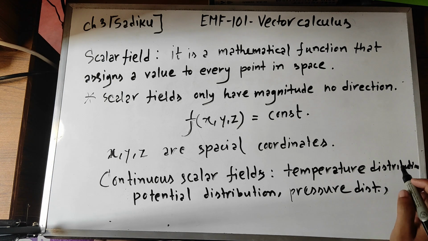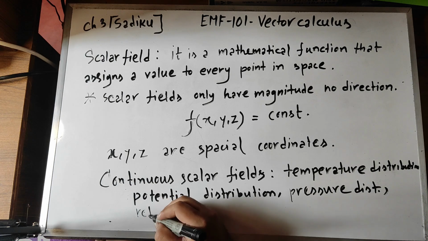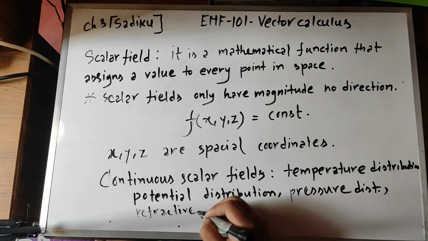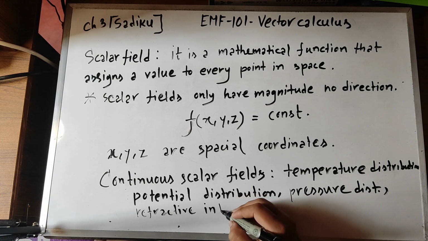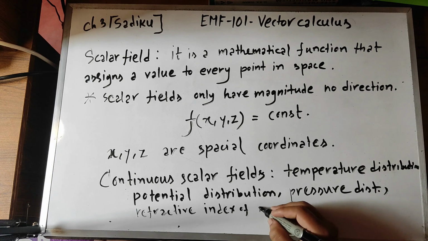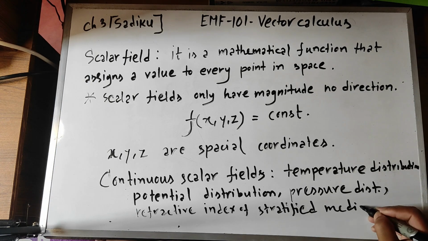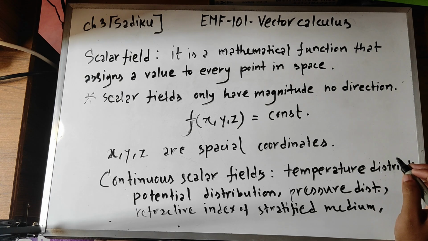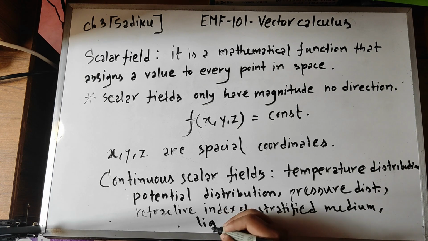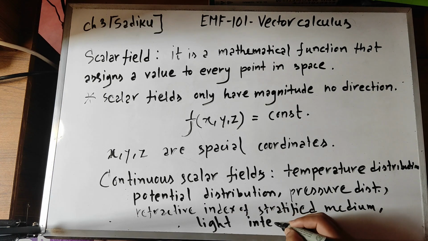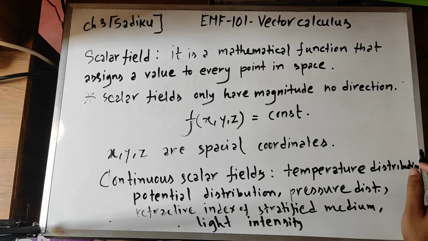There are also other examples of continuous scalar fields like the refractive index of a stratified medium, light intensity in a room, and atmospheric pressure, pressure in fluid dynamics, and these are the basic definitions of a scalar field.